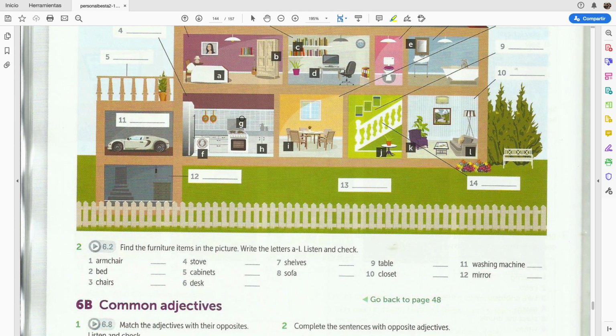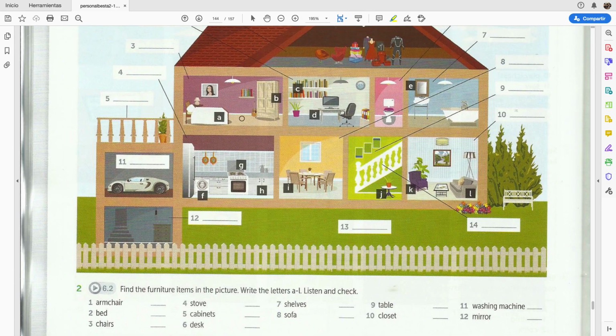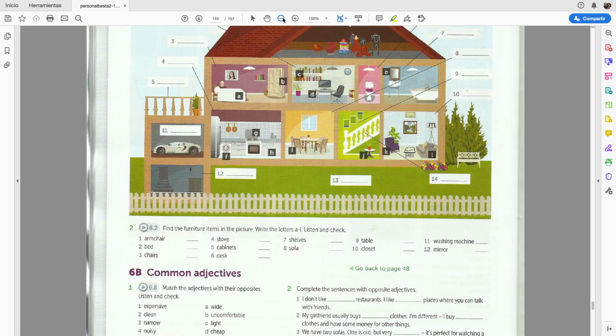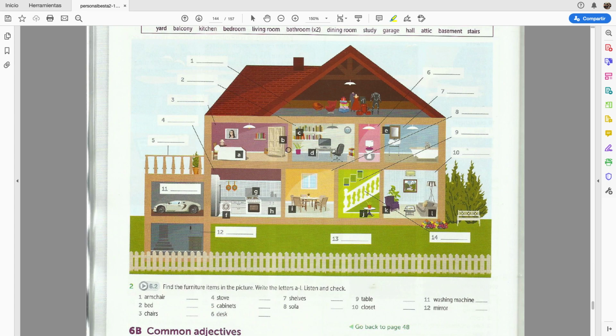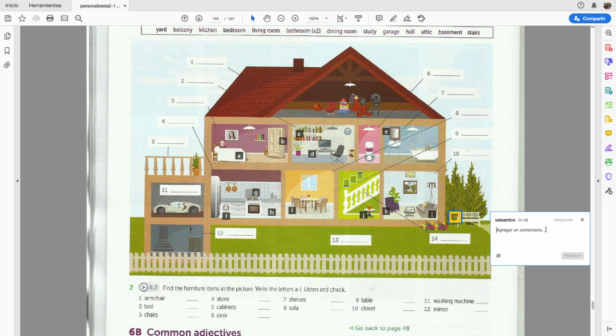Of course, we are not going to listen since we don't have the audio, but we are going to check our answers in order to see which pictures go with each word. Okay, so let me open this here, and I am going to write the answers for each place.